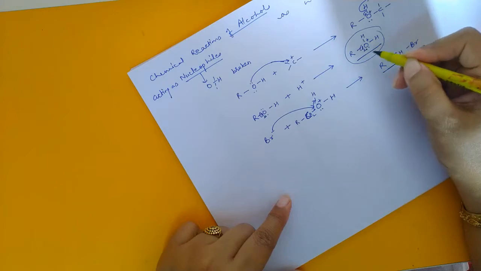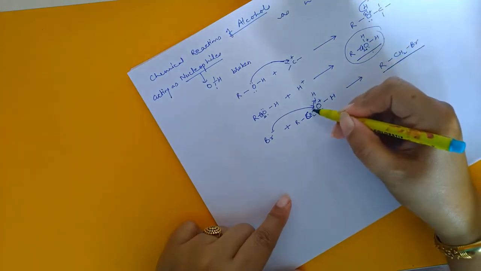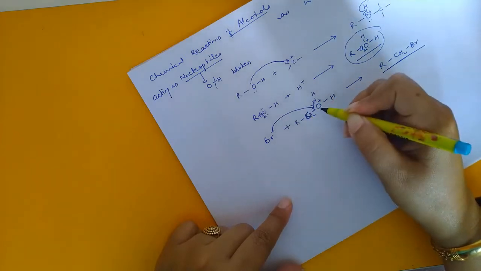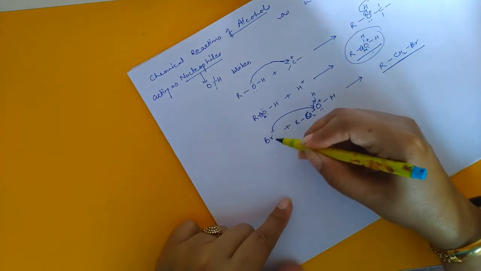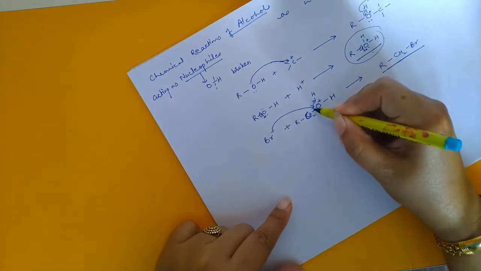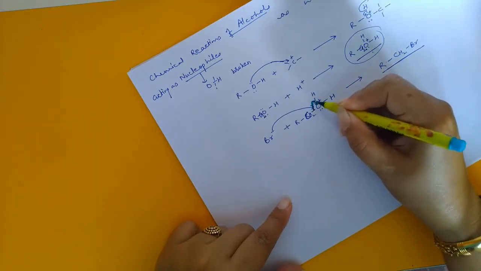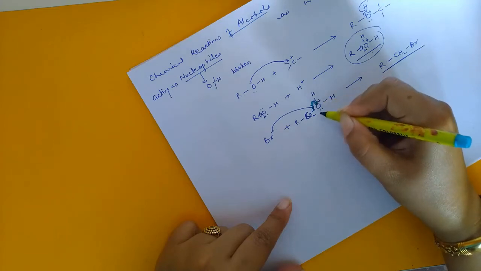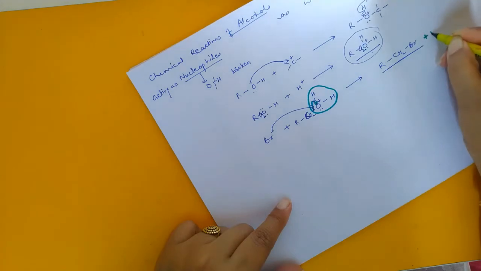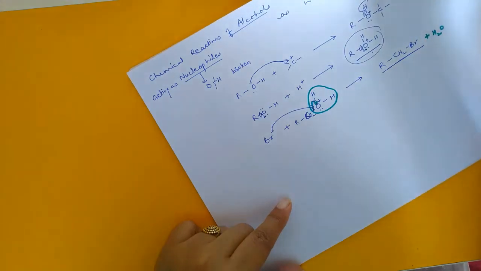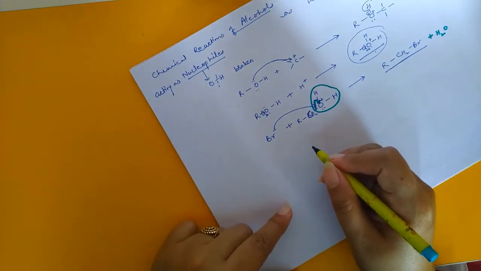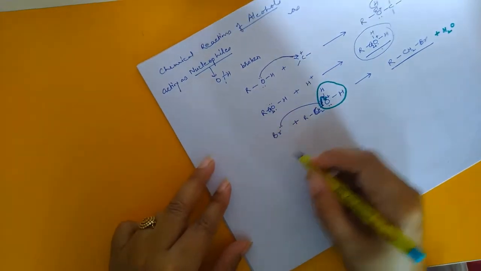Now when this protonated alcohol is attacked by a nucleophile, the pair of electrons present on the nucleophile will be shared here, and this pair of electrons will be given to oxygen to neutralize its positive charge. So that's how this entire group will be removed in the form of water, and we will get this type of compound. So this is all about the types of reactions given by alcohols.